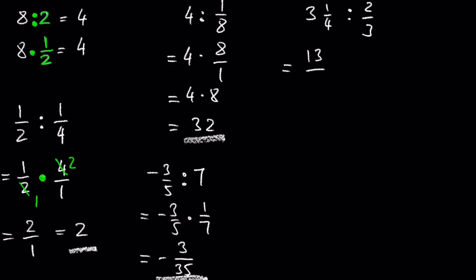And keep the denominator. So we have 13 over 4 divided by 2 over 3.